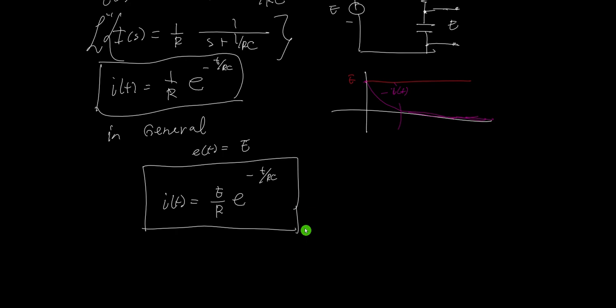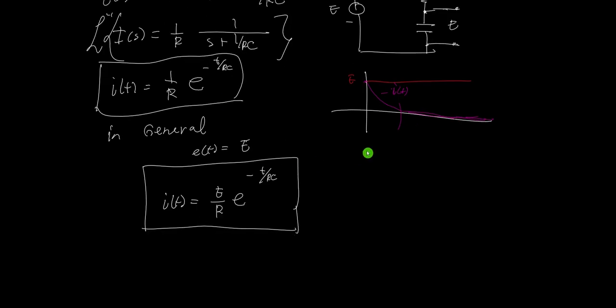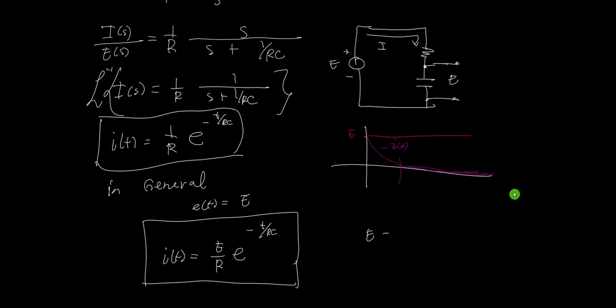But if you look at the voltage, if you try to solve for the voltage across the capacitor, it's a different graph. So let's try to do that. What's the voltage across the capacitor? We can derive the transfer function for that. So this is a DC voltage E, it's a constant, minus, applying KVL, the voltage across the resistor, if this is R and this is C. The voltage across the resistor is i times R, where we are in time domain.